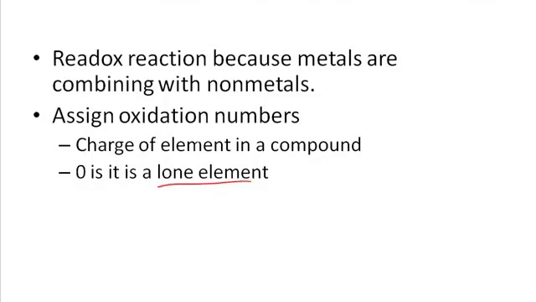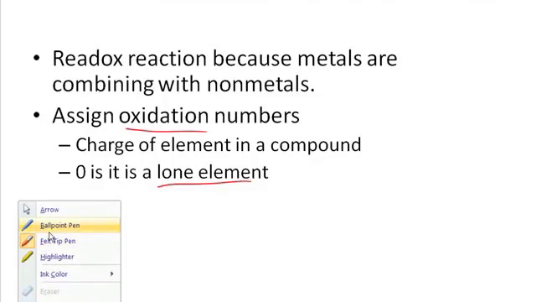Then I take the charge of each element in the compound, and that's my oxidation number. So iron has a 3 plus, and oxygen is minus 2. Aluminum is plus 3, and oxygen is minus 2.